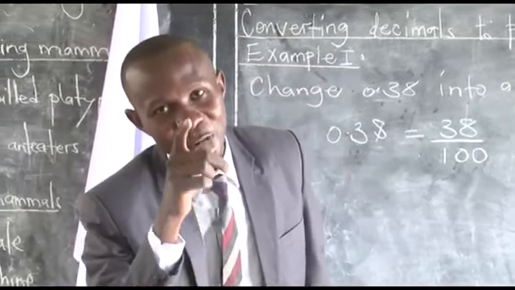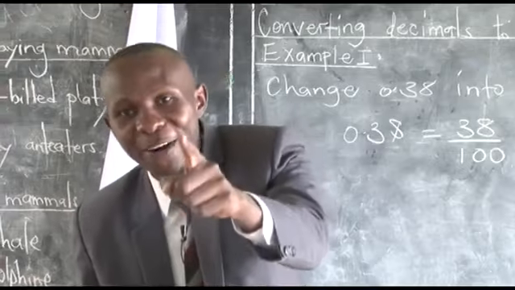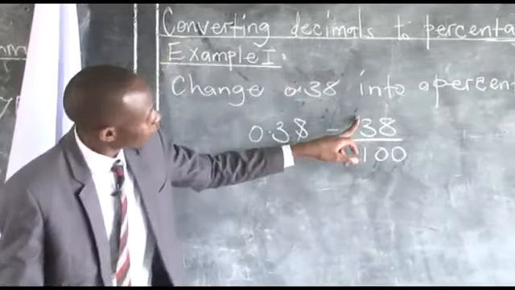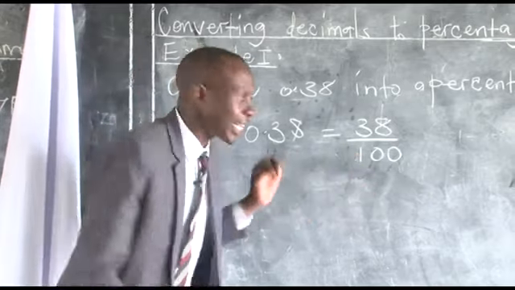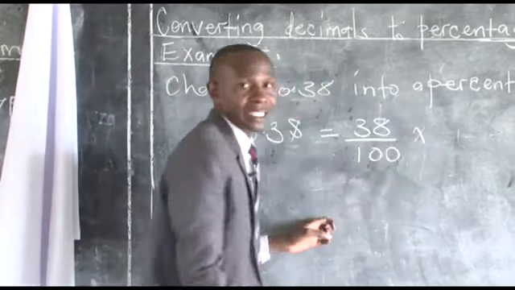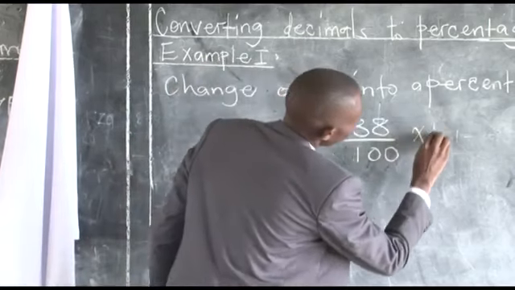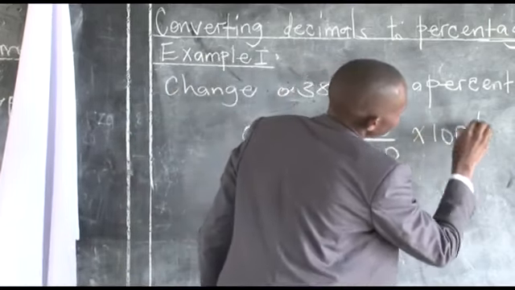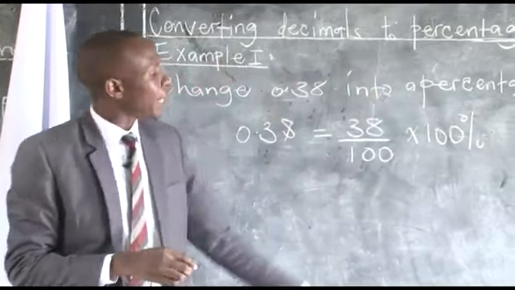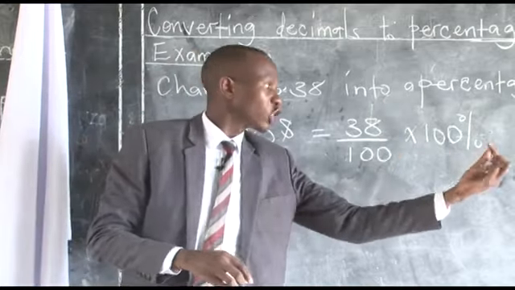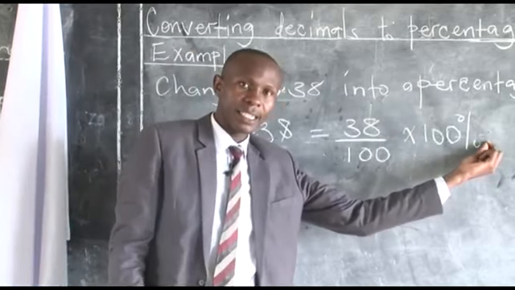And we always say original percentage is ever 100%. So I shall say 38 out of 100 times the original percentage, which is 100%. By doing so, we are changing everything to percentage.